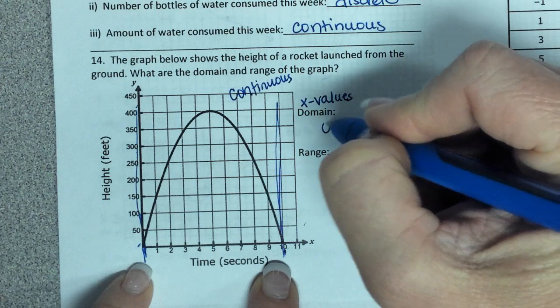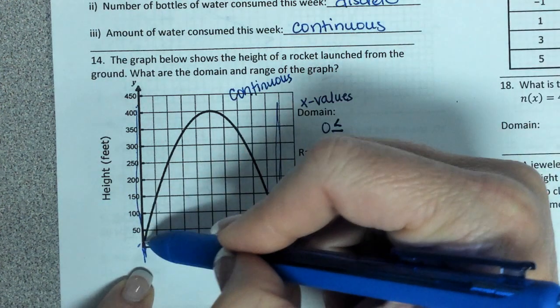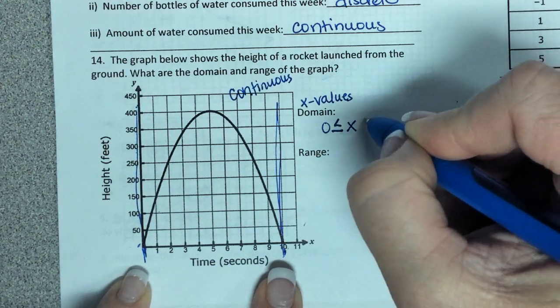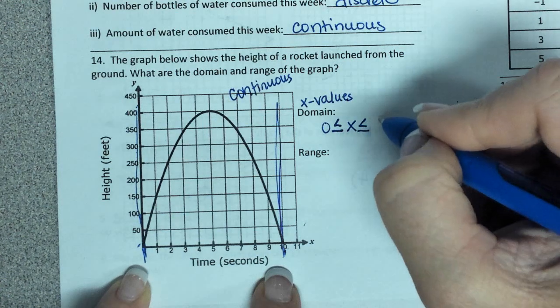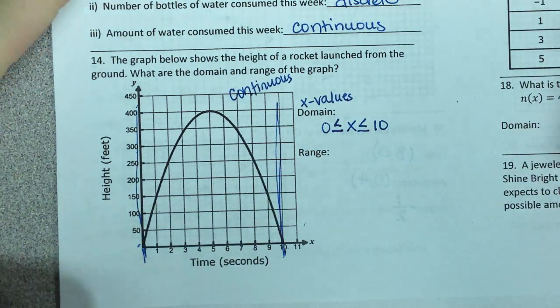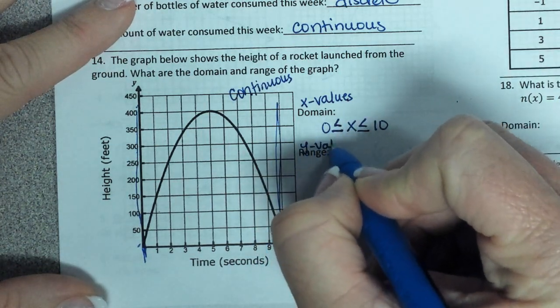So I would say 0 is less than or equal to, right? And I'm saying it's equal to because there's no open circle here. So 0 is less than or equal to x, which is then less than or equal to 10. Okay, so now for the range, remember this is our y values.